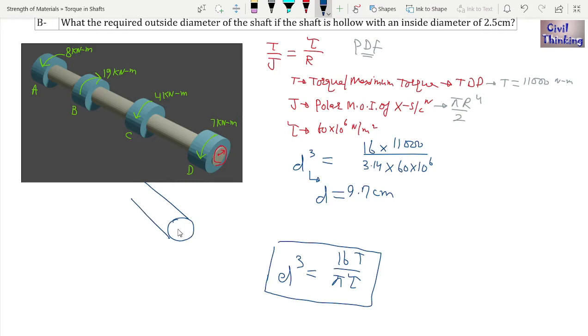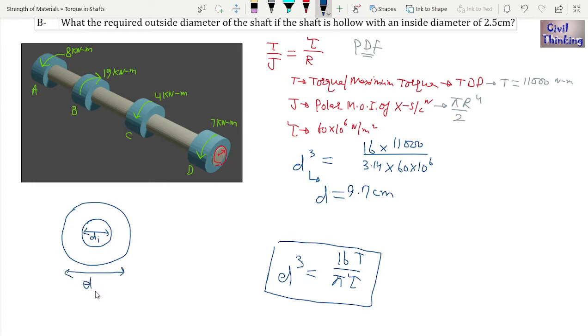It has an inside diameter of 2.5 centimeter. Let me say this is a cross section of the hollow shaft, and it is like this. Now this is the inside diameter. Let me write it as di, i for inside, and this is outside, do.